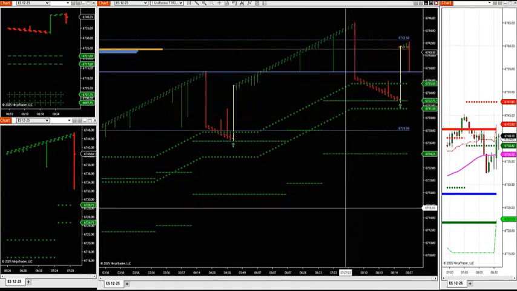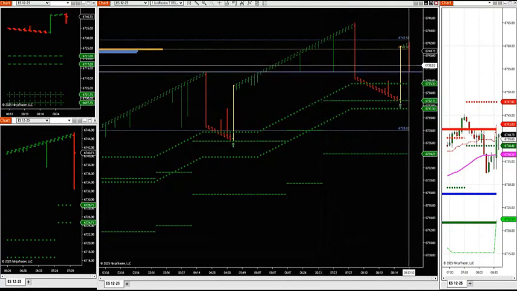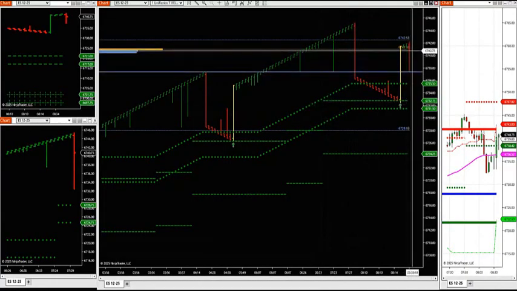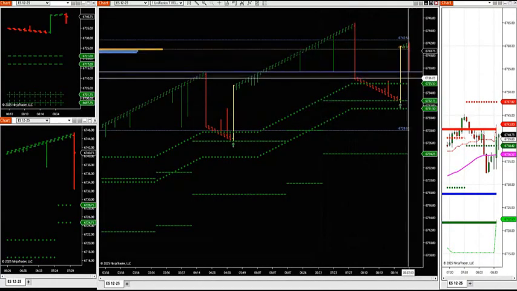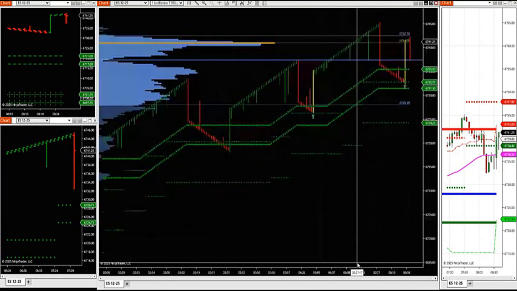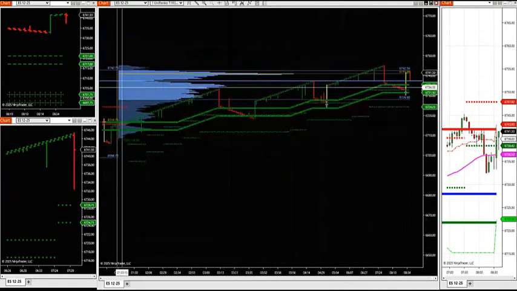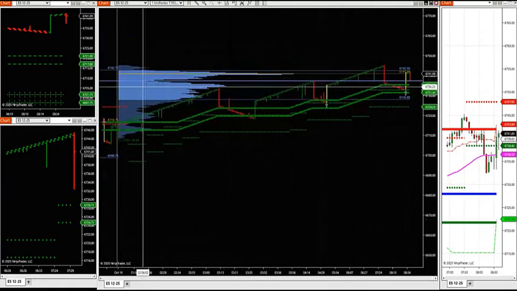Right here's a low volume node. You can see it bounce right off of it. It's 37.5 to the tick. Look how it bounced off of it right to 40 3/4. See how that's major support now? That low volume right here. So this low volume will change during the day.